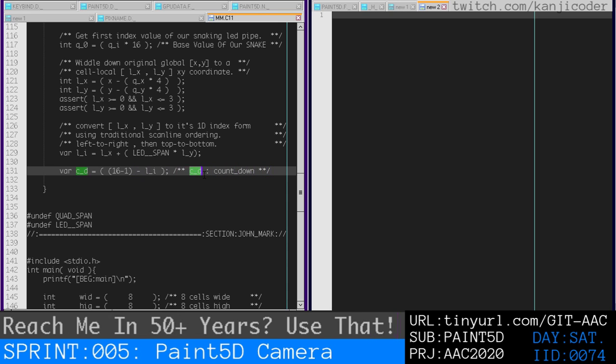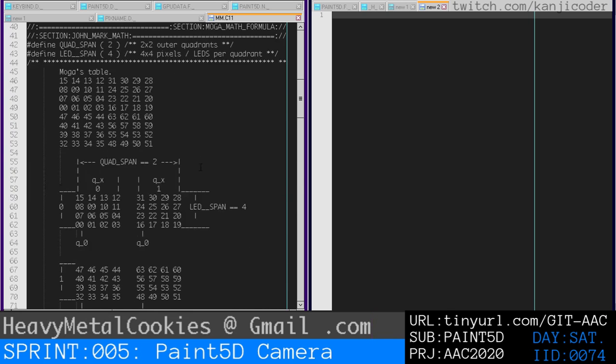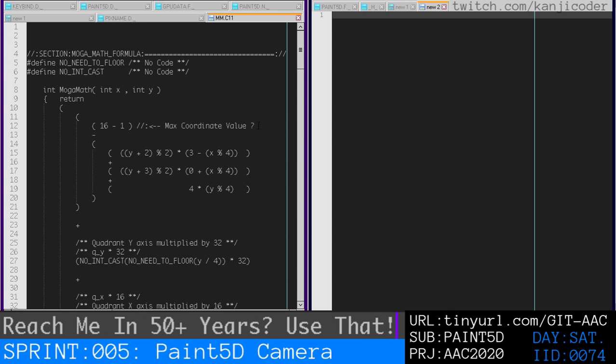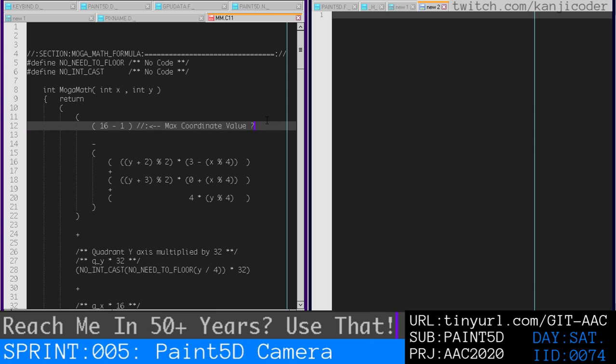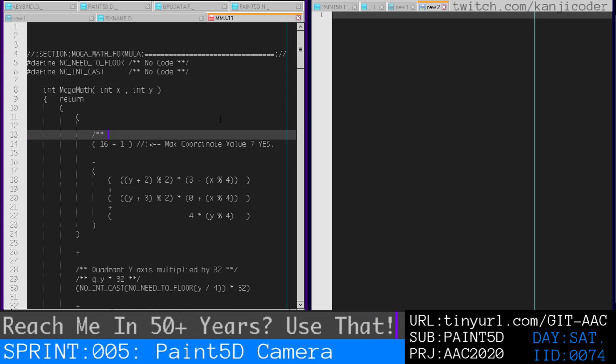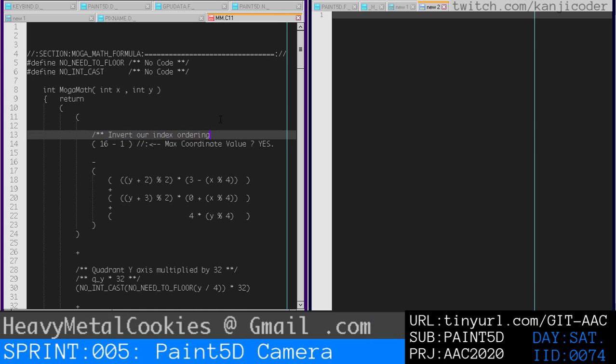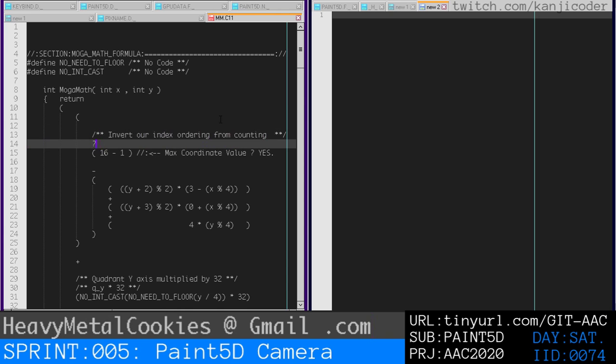Okay, so this countdown here is, yes, invert our index ordering from counting up to counting down at CD.